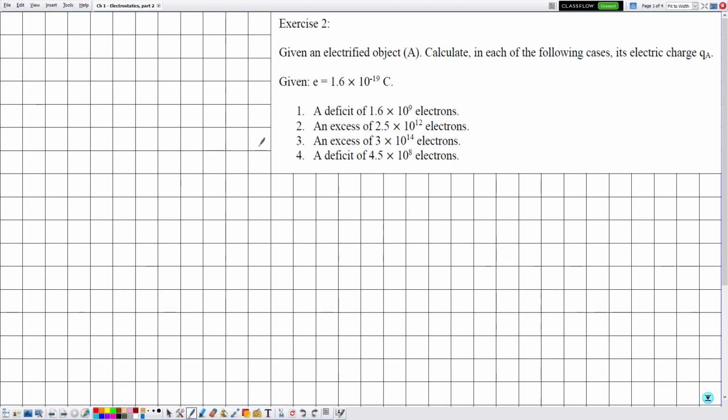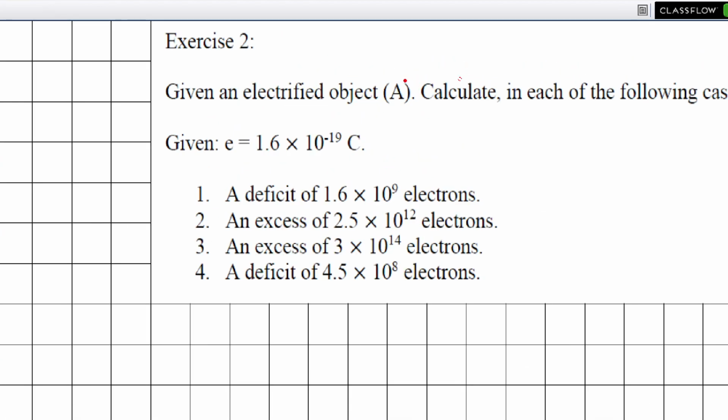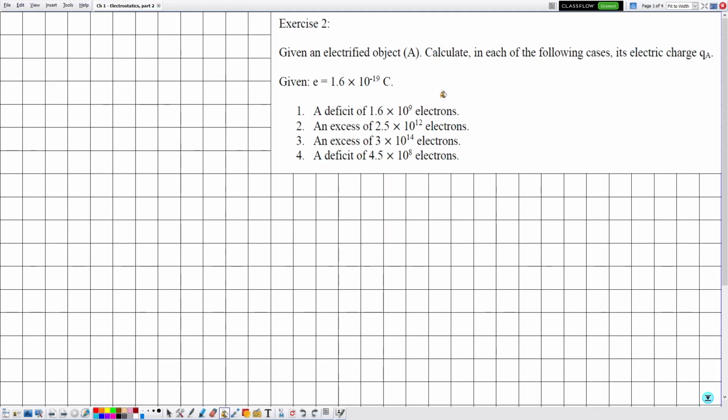It's given by an electrified object A. Here they mention that the object is being electrified, so it means that the object A is going to be positively or negatively charged, and by that it's going to admit a deficit or an excess amount of electrons.